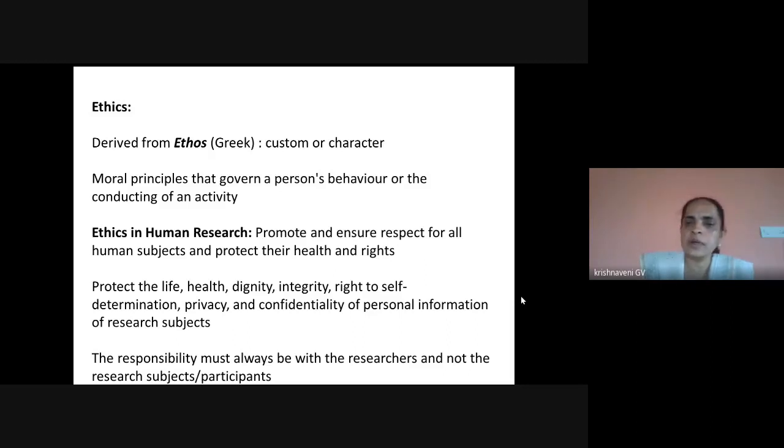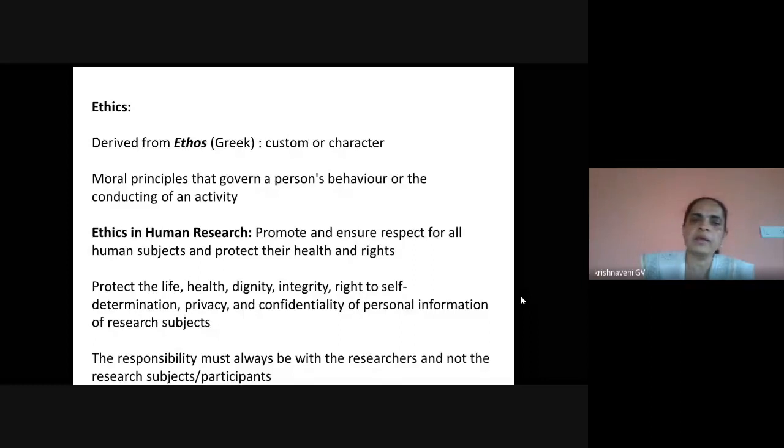So when we are doing research, the same set of principles apply as to how we should conduct the research in a safe, in a respectful, and in a very acceptable environment, which is all about ethics in research.